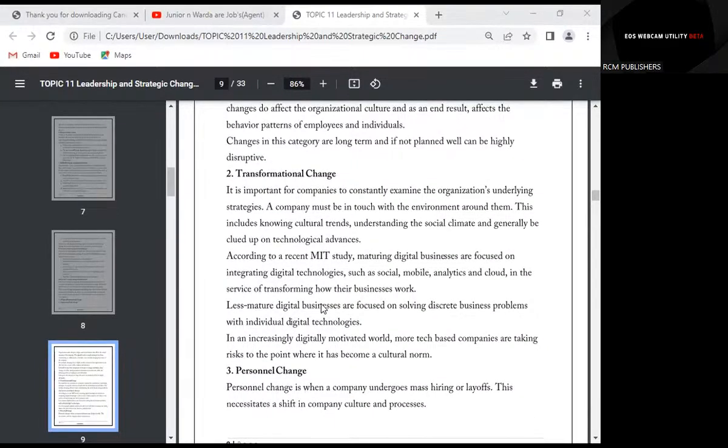Less mature digital businesses are focused on solving discrete business problems with individual digital technologies. In an increasingly digitally motivated world, more tech-based companies are taking risks to the point where it has become a cultural norm. So transformational change affects just a certain individual area of an entity where changes can be effected. It may be in the area of product making, service offering, etc.